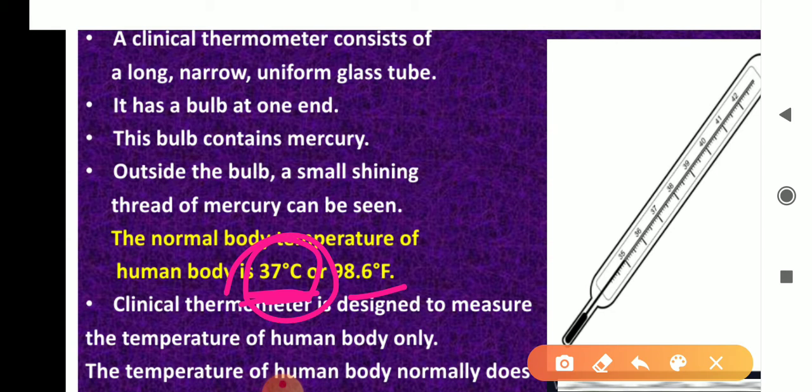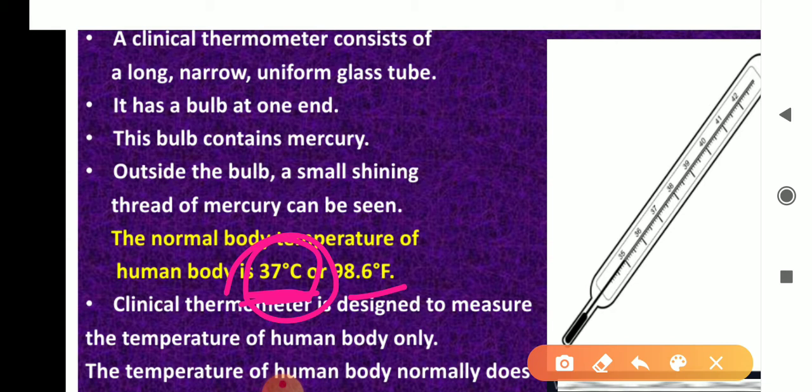Fahrenheit is also one of the temperature scales which are mainly used. The first is the Celsius scale, second is the Fahrenheit scale, third is the Kelvin scale. This is the normal temperature.